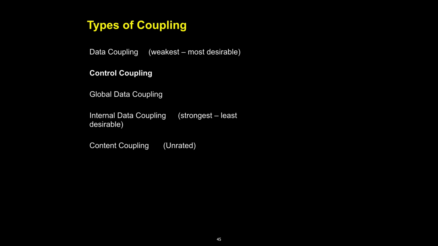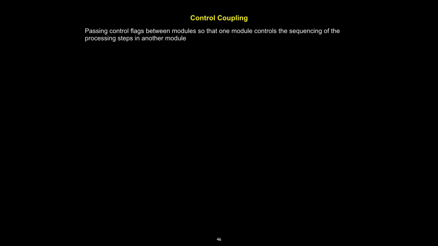So this next type of coupling that's stronger, we call control coupling. It's passing flags around to control what you do, either passing a flag in or returning a flag.